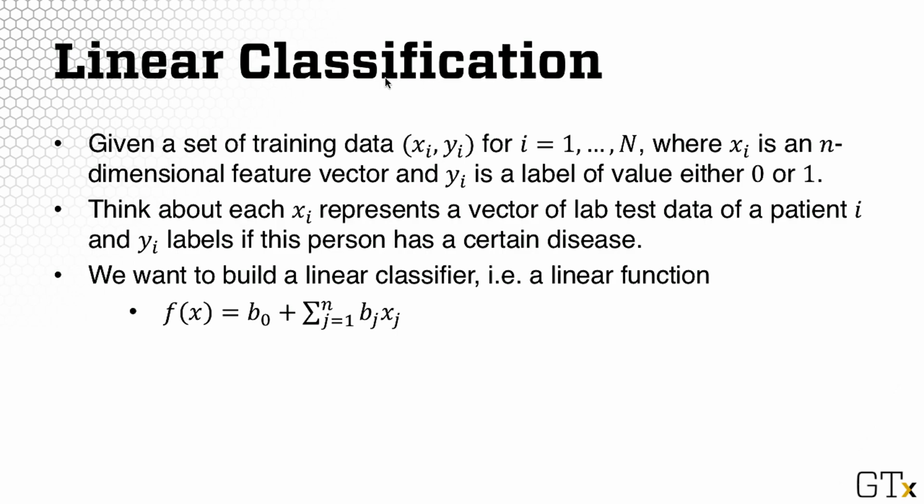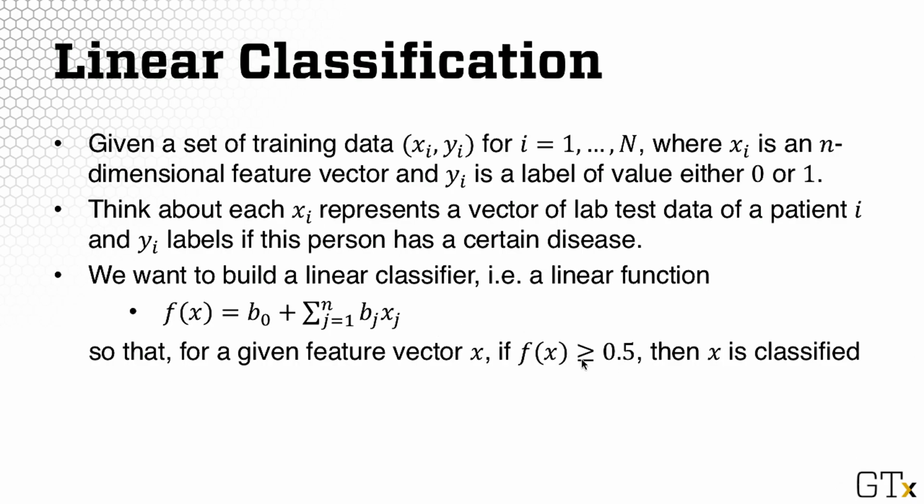So linear classification is the problem where we want to have an automatic machine do the diagnosis. Given the lab test result x, we feed this into a linear function in this form. If the result of this linear function is greater than, say, a threshold of 0.5, then we classify that this patient has that disease, y is 1.